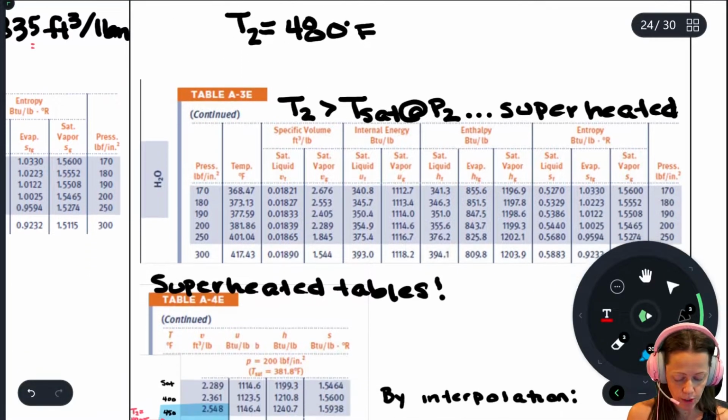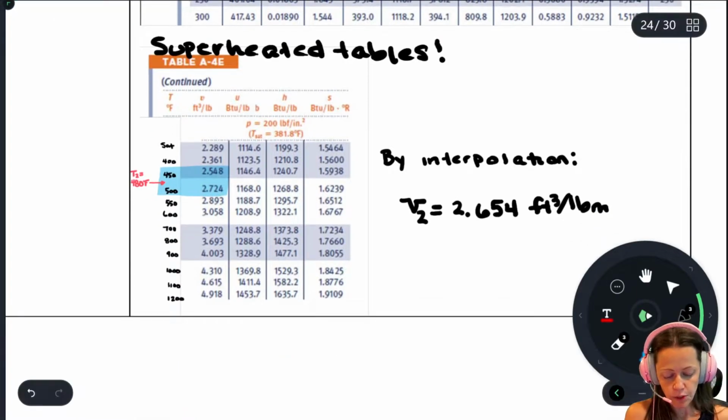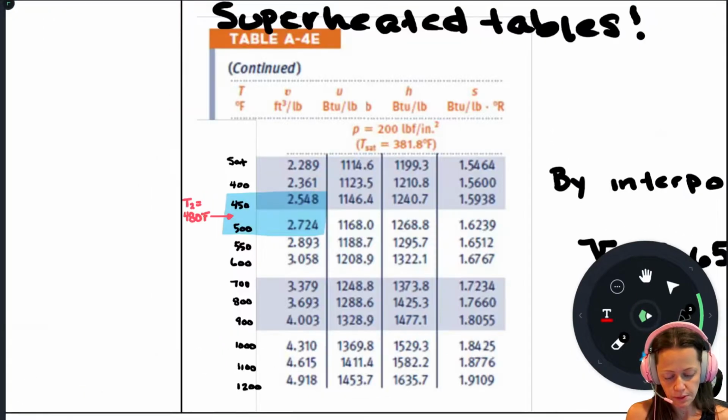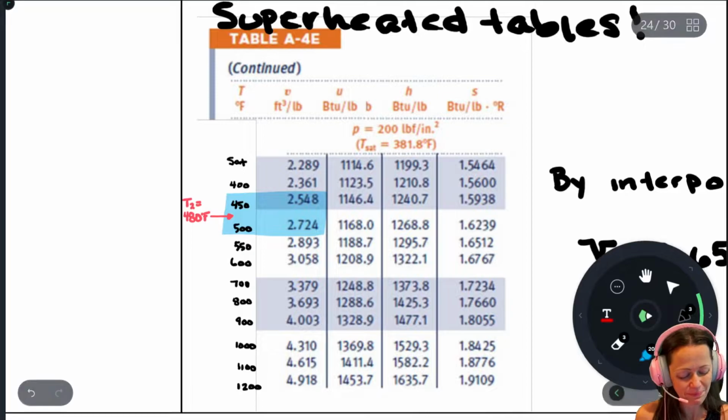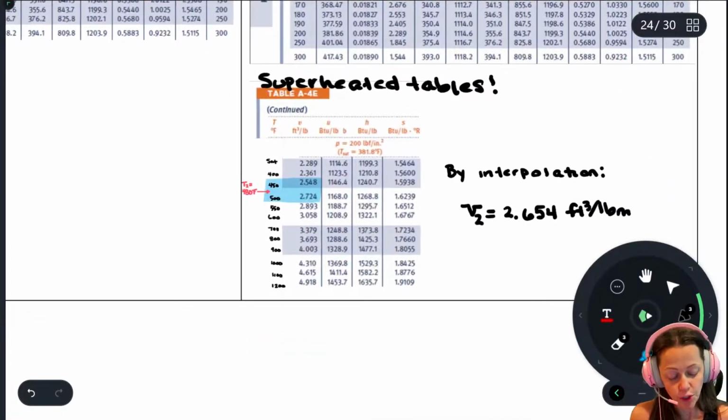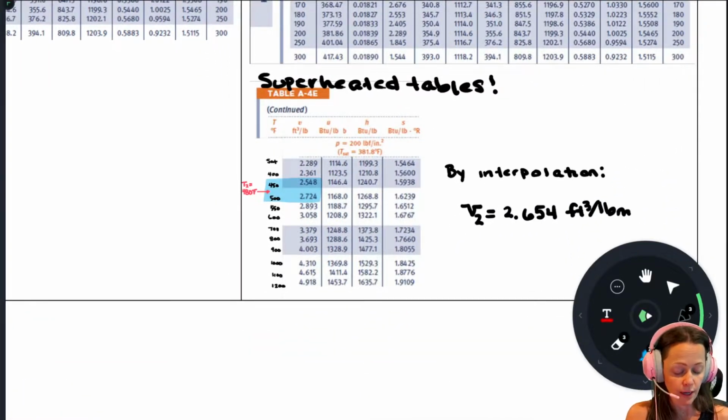So we went to our superheated tables, and unfortunately, at 200 psi, we only had values for 450 and 500 degrees Fahrenheit. Excuse me. So we needed to interpolate for that specific volume. We got 2.654 feet cubed per pound mass.